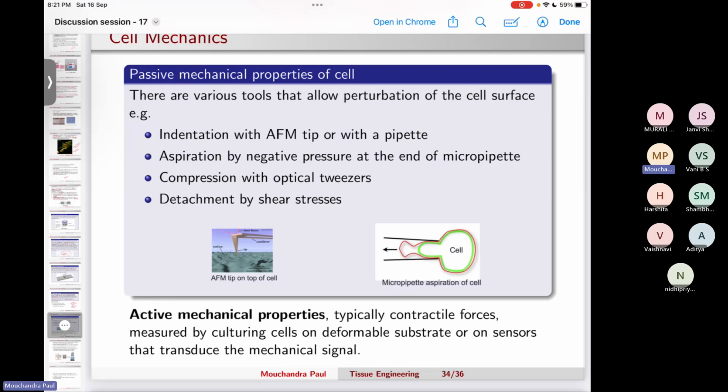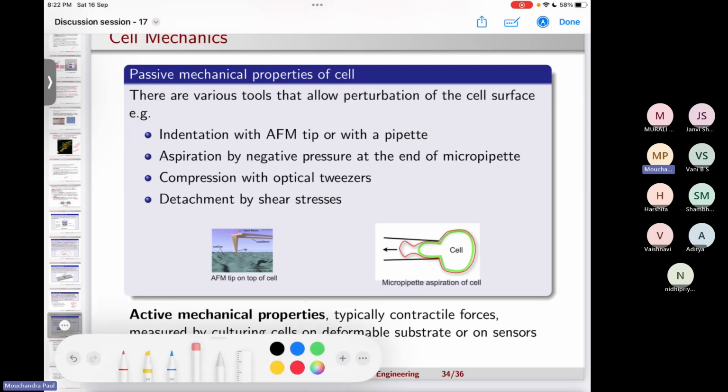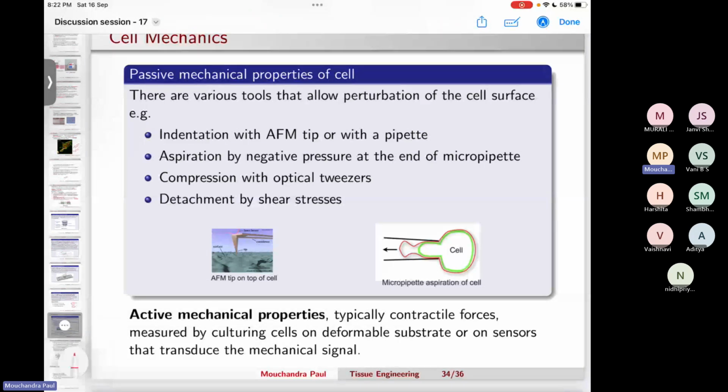So there are various techniques to apply some force on one single cell. You can use an AFM tip. AFM stands for atomic force microscope, and it has a very fine tip, and you can use the tip to create an indentation over the cell surface, or you can use a pipette to suck the cells.